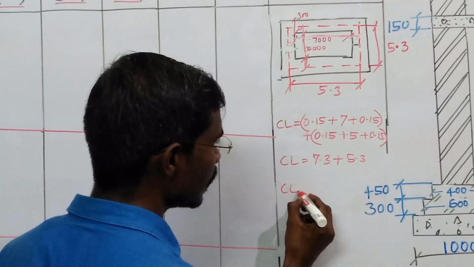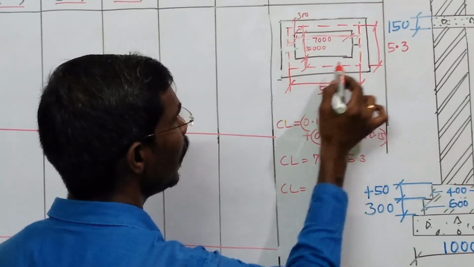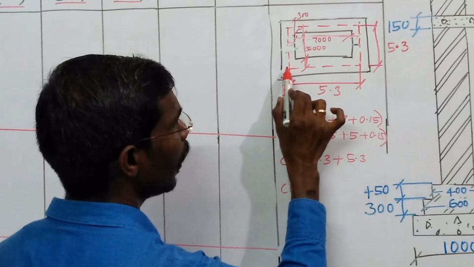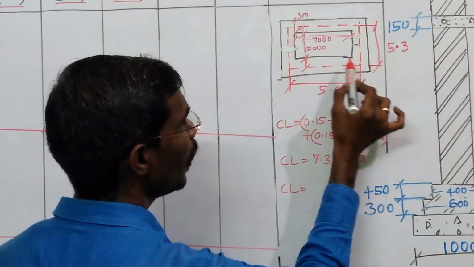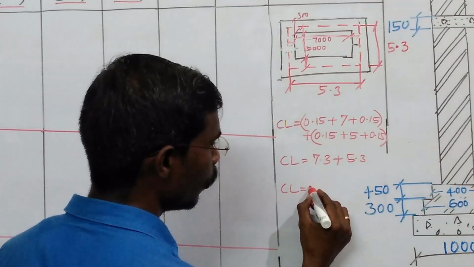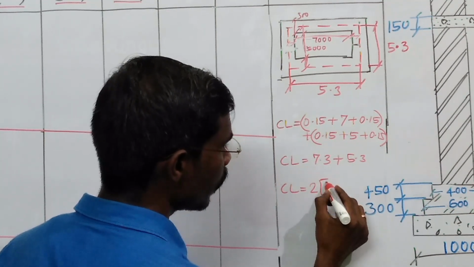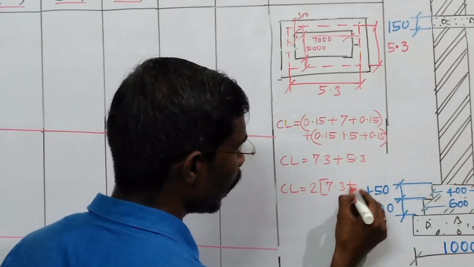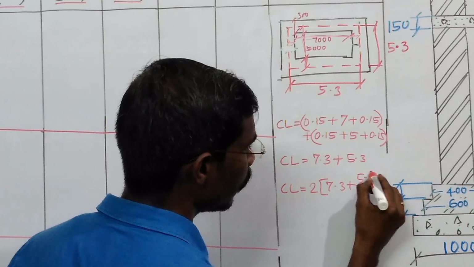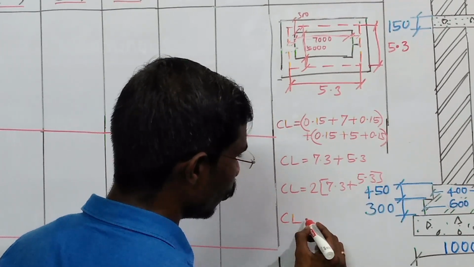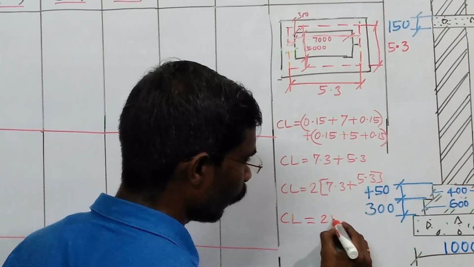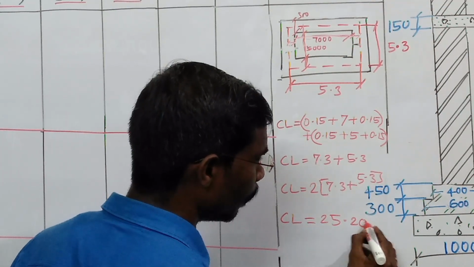So the center line is equal to, it is a horizontal, here one length, here another length, here one short length, here another short length. So 2 times of 7.3 plus 5.3. So you will get the total center line length, 25.2 meter.